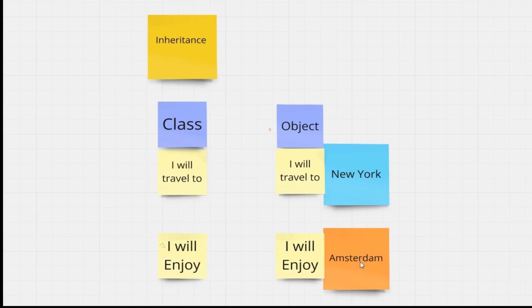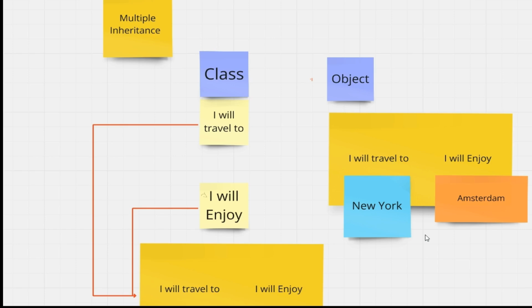This is inheritance. Similarly, multiple inheritance will work following the same logic, two or more classes to one class. I will travel to, I will enjoy. I can inherit from these two classes to a new class which contains I will travel to and I will enjoy.